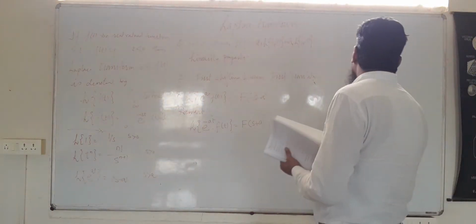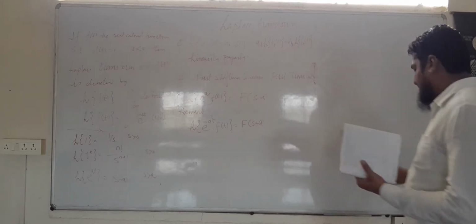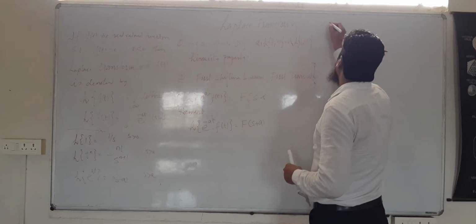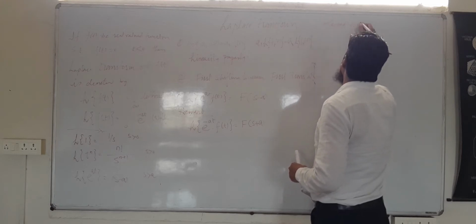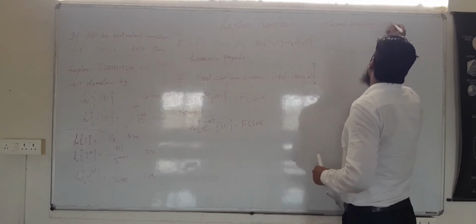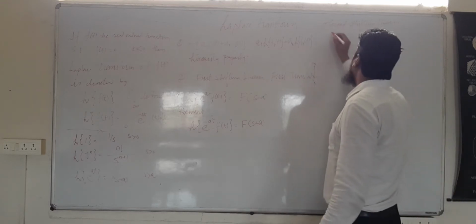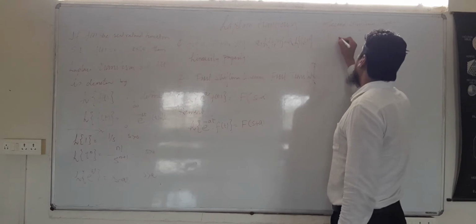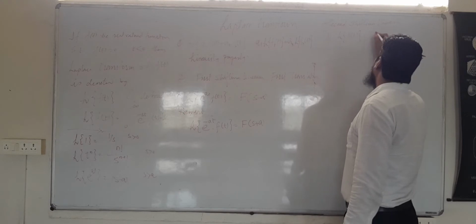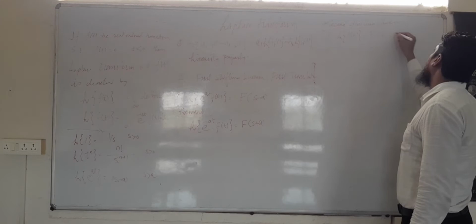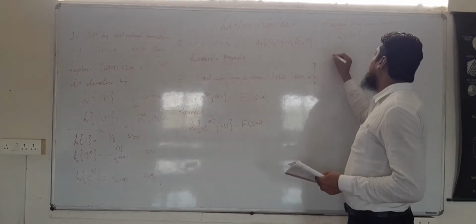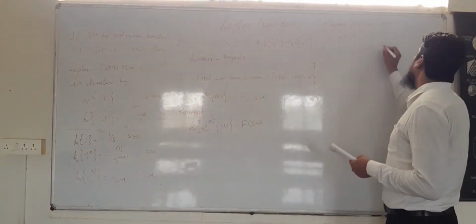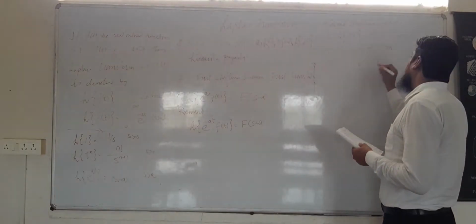Now the second shifting theorem, which is stated as: if the Laplace transform of f(t) is equal to F(s), then g(t) is equal to f(t minus a) whenever t is greater than a, and 0 whenever t is less than a.